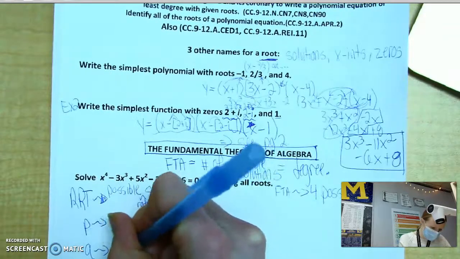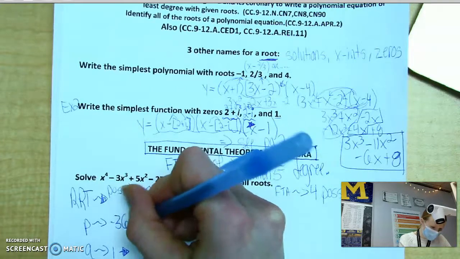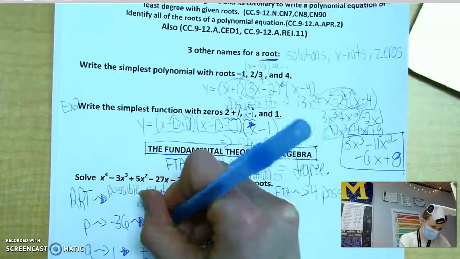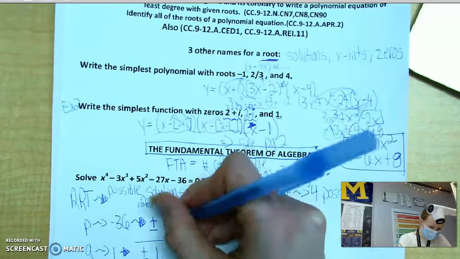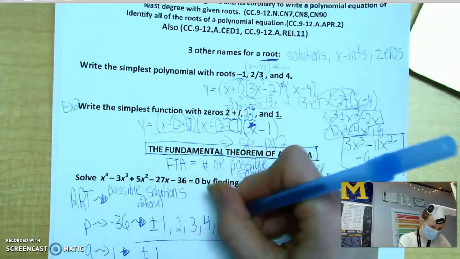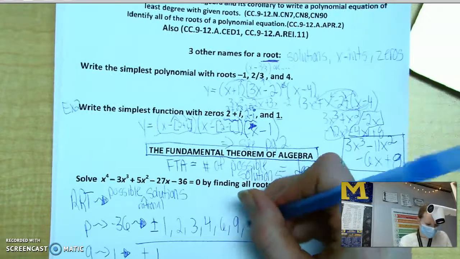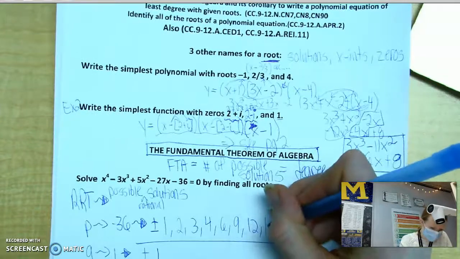So the factors of 1 are plus or minus 1. And the factors of 36, well, if I were to list those, that would be plus or minus 1, 2, 3, 4, 6, 9. Lots of them, right? 12, 18, and 36.